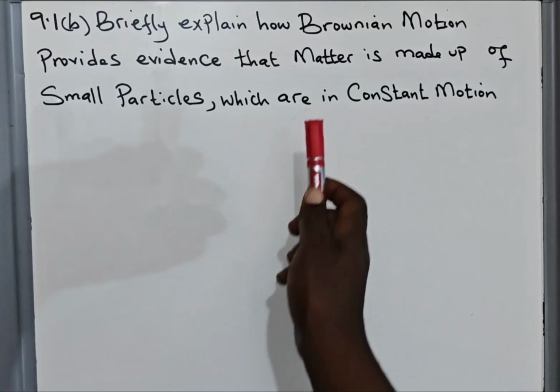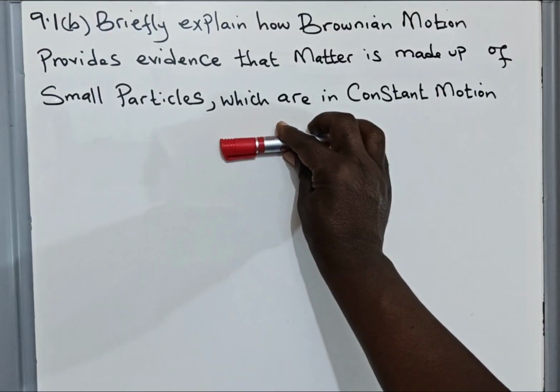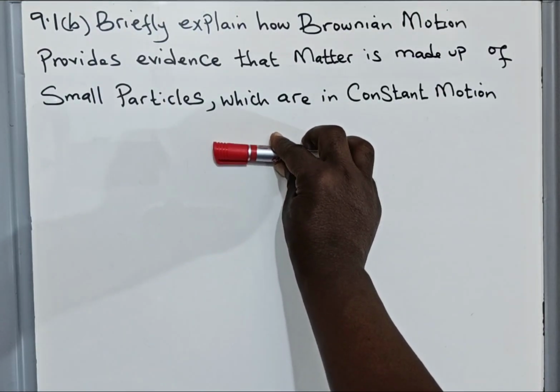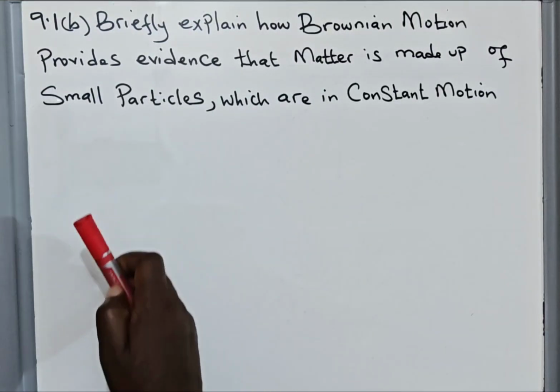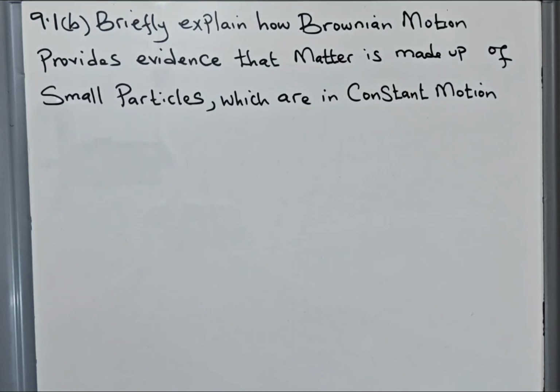How does it do that? It is believed that the zigzag random motion we observe is caused by collisions with the medium particles, which are in random motion.